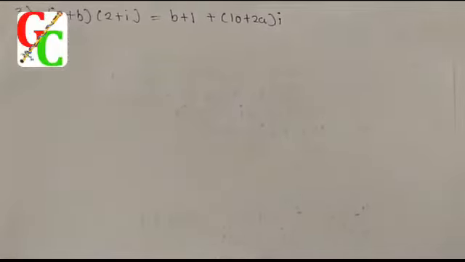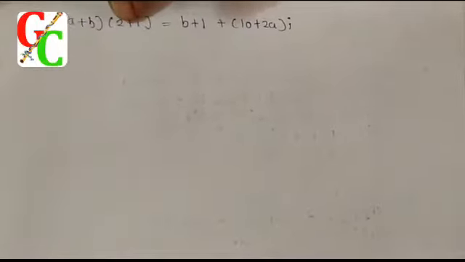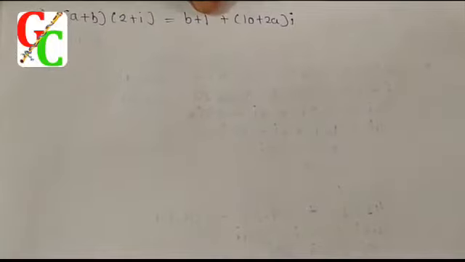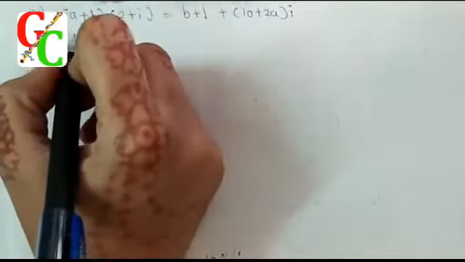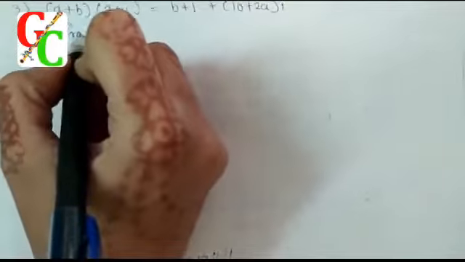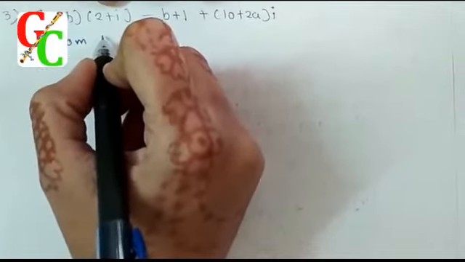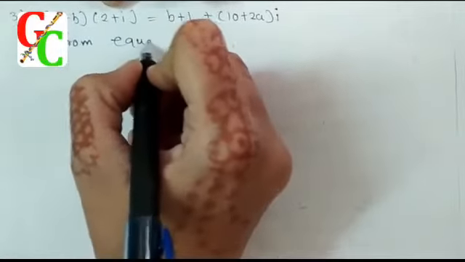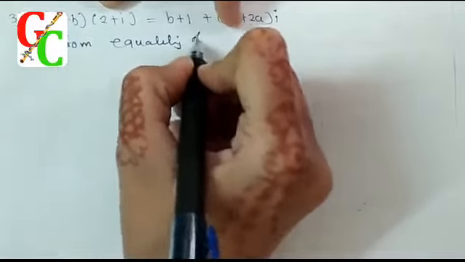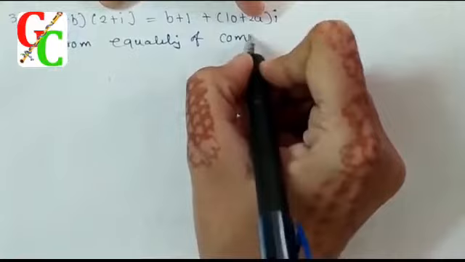A plus b, 2 plus i. In the same way, we have to compare this using equality of complex numbers.